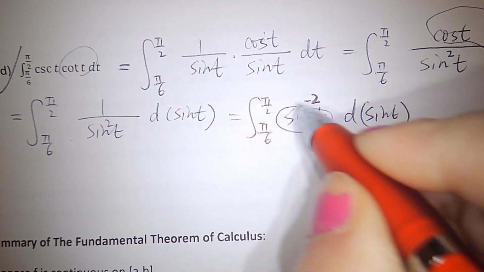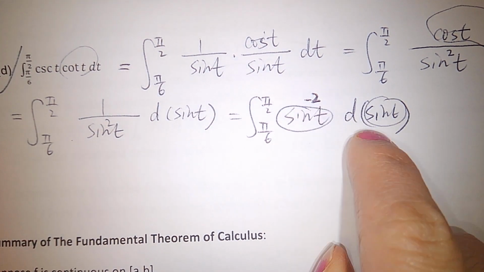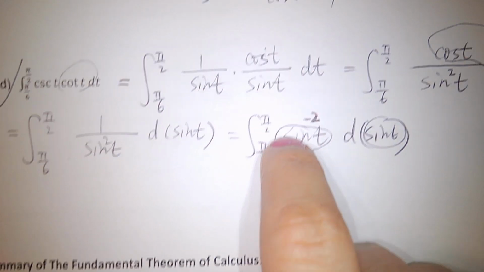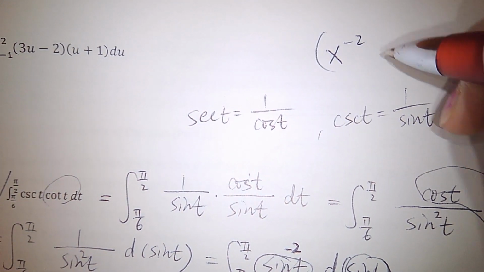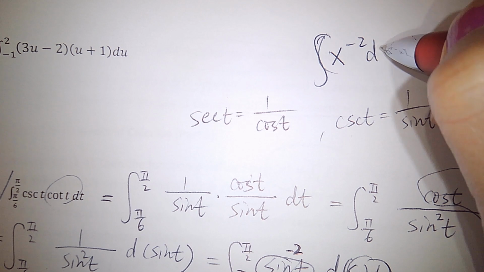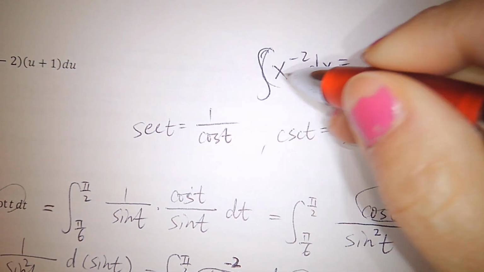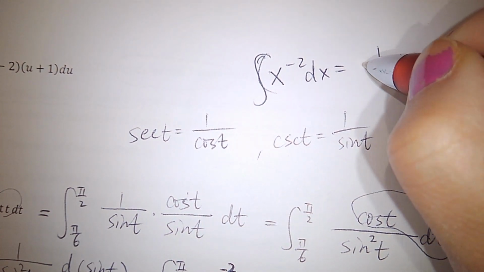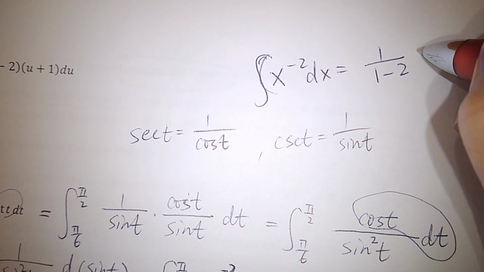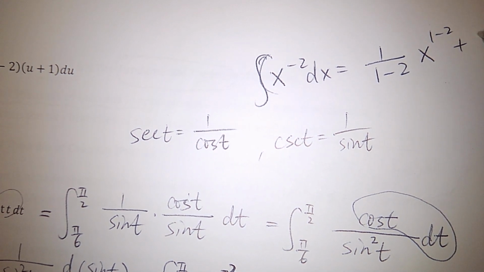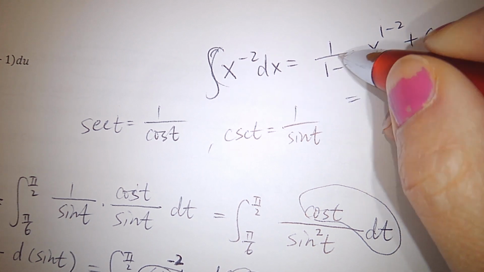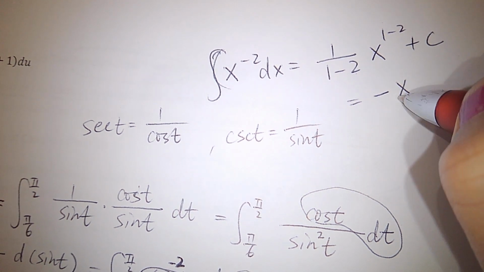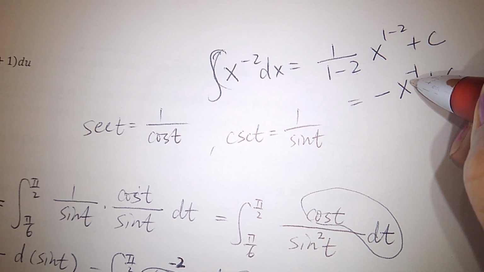So, assume this is x. What is the antiderivative for x to the negative 2 power? What is the antiderivative for x to the negative 2? 1 over 1 plus n, x to the 1 plus n, plus the constant c, right? So that gives us 1 over negative 1, negative x to the what? Negative 1 plus constant c.